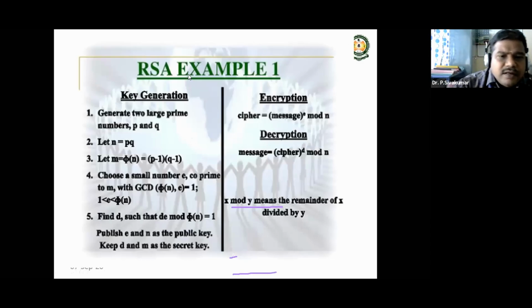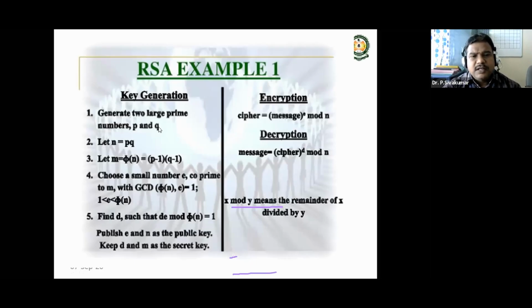Once again, I can recall your entire algorithm. In key generation, generate two large prime numbers. You can take the two large prime numbers P and Q. How to identify whether these two numbers are large primes or not? Attempt with the Miller-Rabin method to determine whether both large integers are prime.